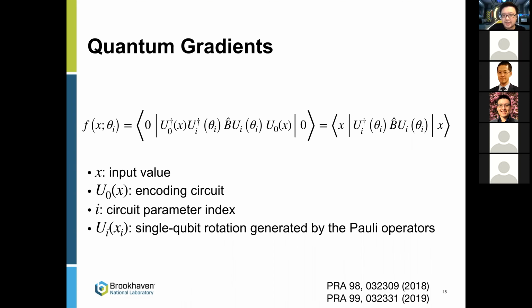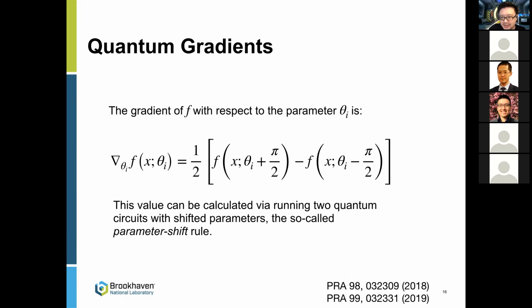And then it's shown that the gradients of such quantum functions can be calculated as this. The idea is that you need to prepare two circuits, each with slightly different parameters.